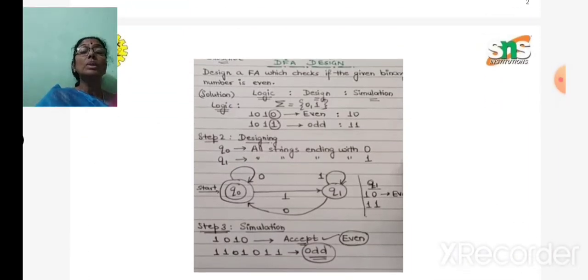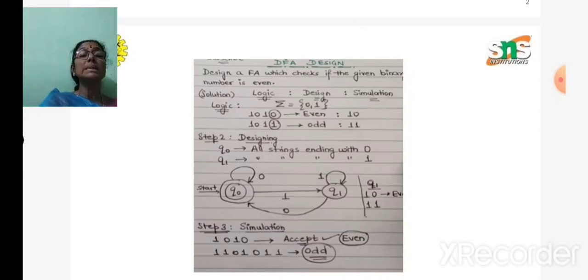Next, we have to design the automata. Before designing the automata, we have to find out what languages we can derive from that binary number. For example, even numbers end with 0, like 0, 00. So q0 is all the strings ending with 0, and q1 is all the strings ending with 1.